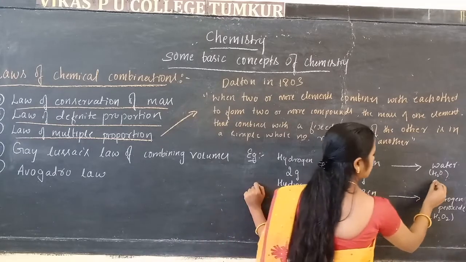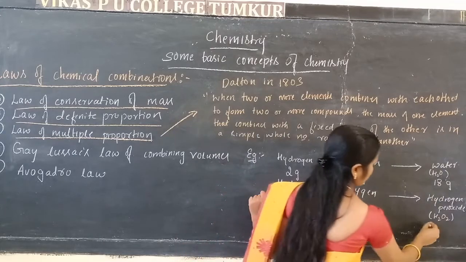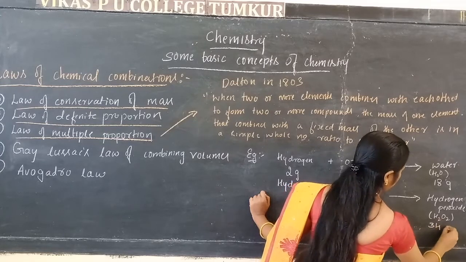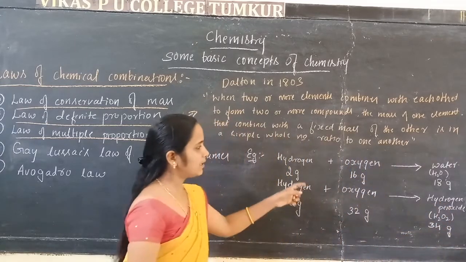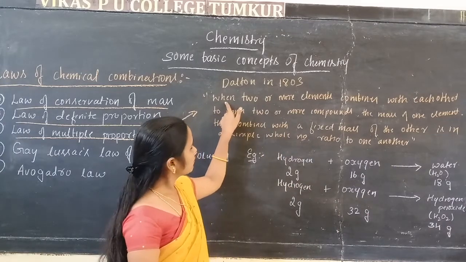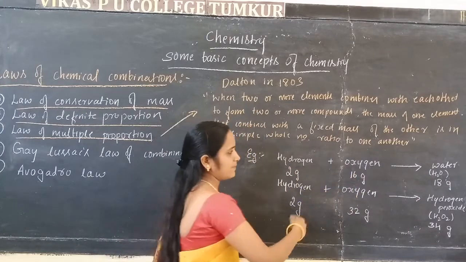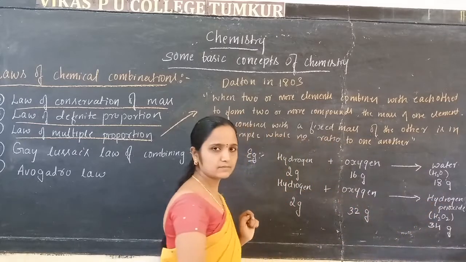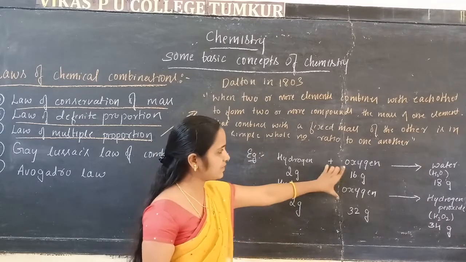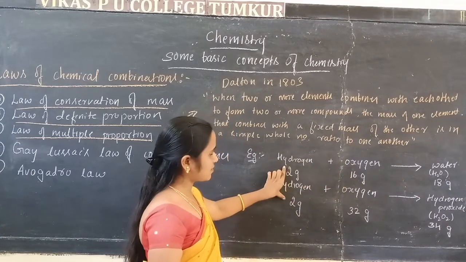Here it forms 18 gram of water and 34 gram of hydrogen peroxide. You understood, I think, that when two or more elements combine to form two compounds, the mass of one element combines with a fixed mass of another.